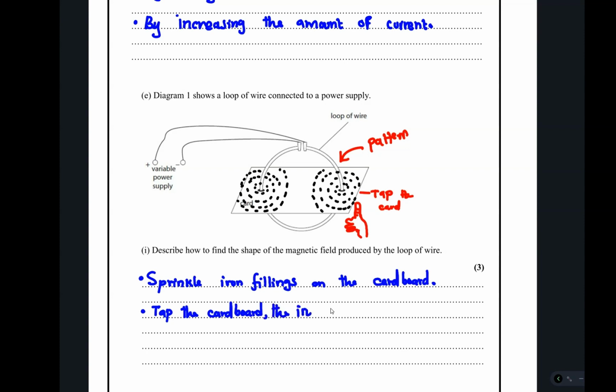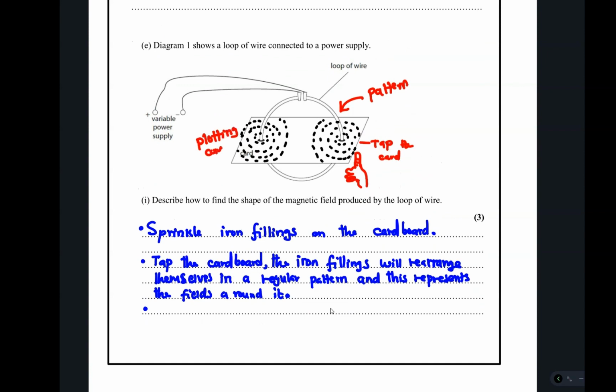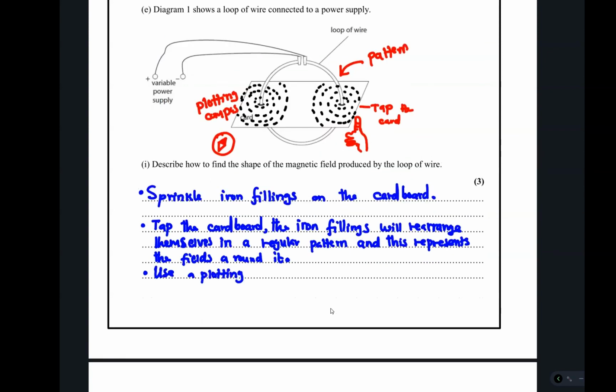And then what do you notice? The iron filings are going to rearrange themselves to form a regular pattern. This pattern that is formed around the conductor represents the magnetic field due to the flow of current. Now, to determine the direction of the field, we are going to use a plotting compass.